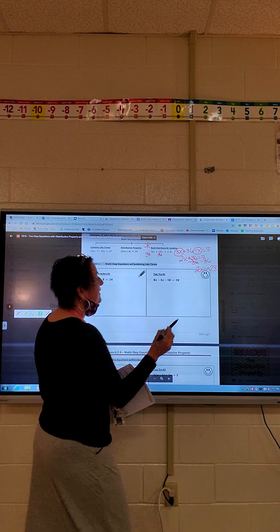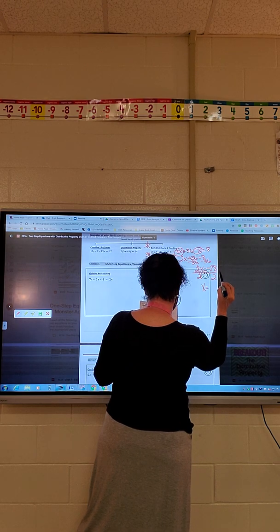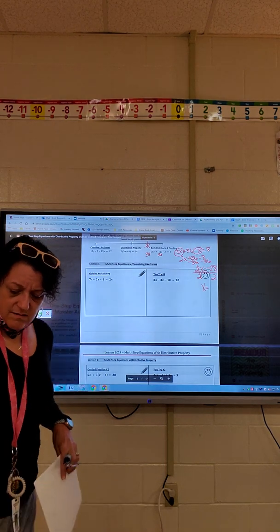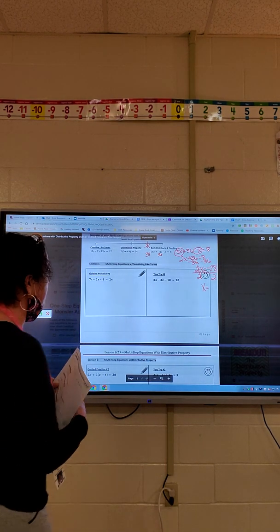This should be 2, divide both sides by 2, and x is equal to negative 14.